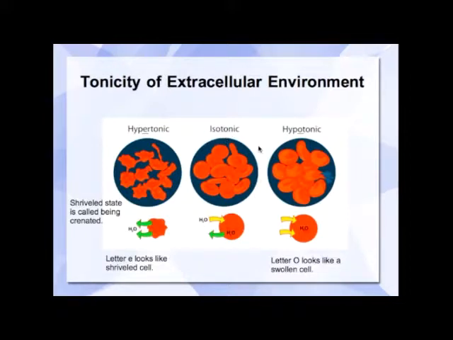The hypertonic state means that there are more solute molecules, salt or sugar, outside of the cell, and thus water will want to flow because of osmosis from inside the cell to outside of the cell, which causes the cell to shrivel.